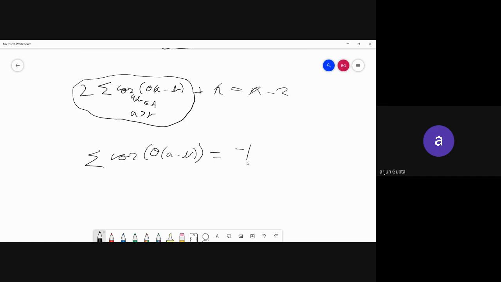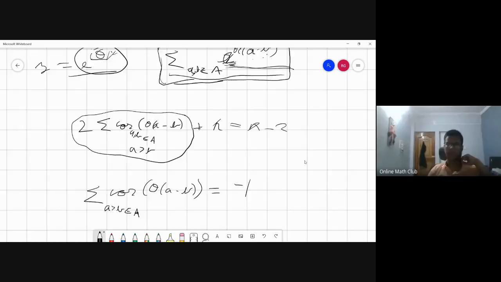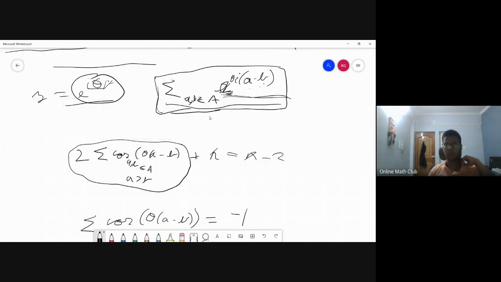What's the issue exactly? Are we doing AM-GM? No, we literally just expanded e to the i theta (a minus b) in terms of theta. You have a minus b and b minus a, when a, b are elements, so you literally just add them.